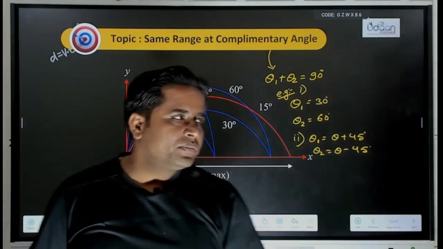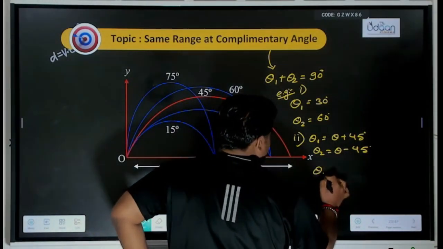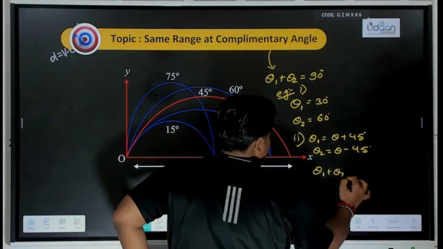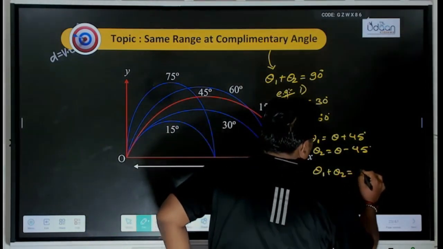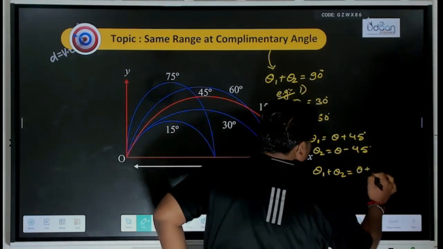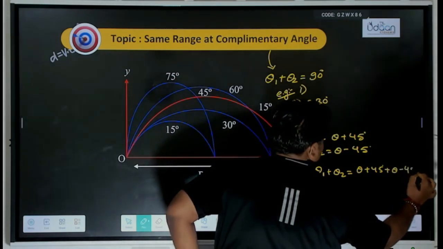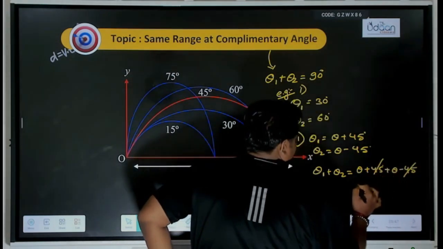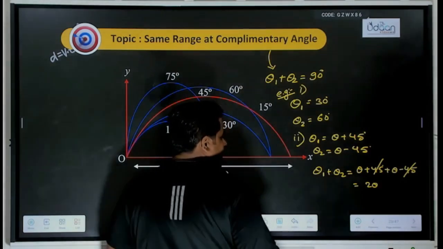So what we will have to do is apply theta 1 plus theta 2. Theta plus 45 plus theta minus 45, this and this are going to get cancelled. It becomes 2 theta. No sir, it is not valid.